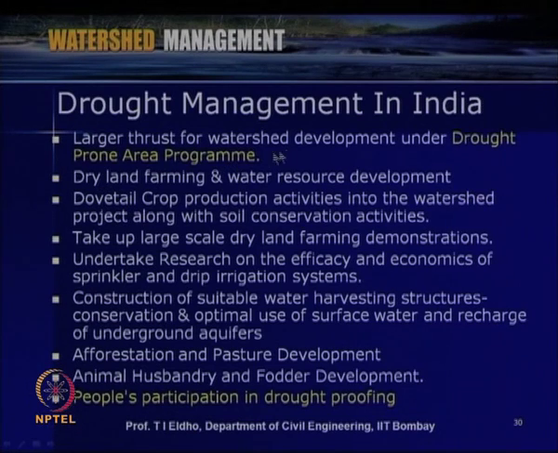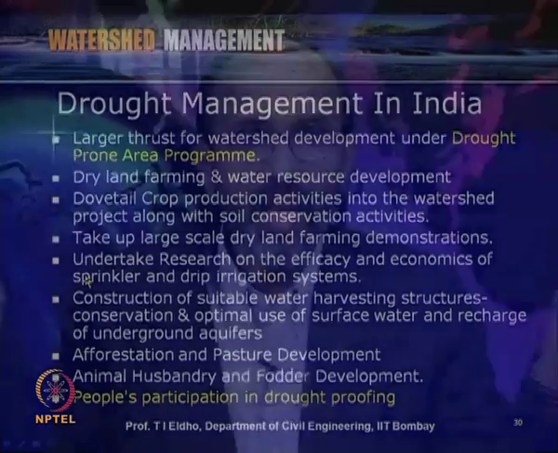Some of the important aspects of drought management in India are dry land farming and water resource development schemes, then dovetailing crop production activities into the watershed project along with soil conservation activities, then taking up large scale dry land farming demonstrations, then undertaking research on the efficacy and economics of sprinkler and drip irrigation systems, then construction of suitable water harvesting structures, conservation and optimal use of surface water and recharge of underground aquifers, then afforestation and pasture development, then animal husbandry and fodder development, and the most important aspect is people participation in drought proofing.